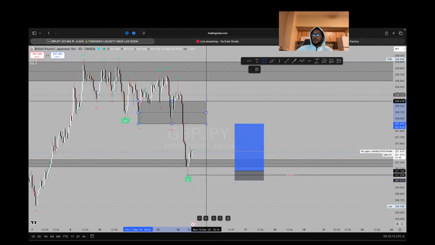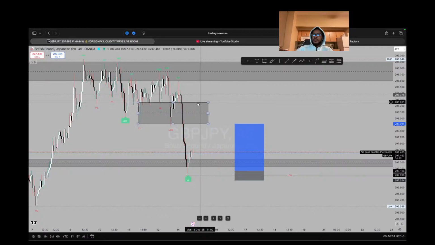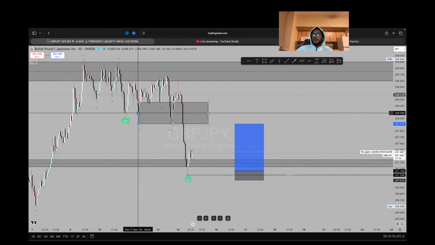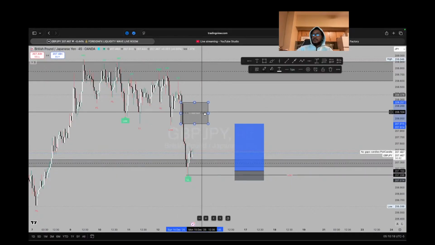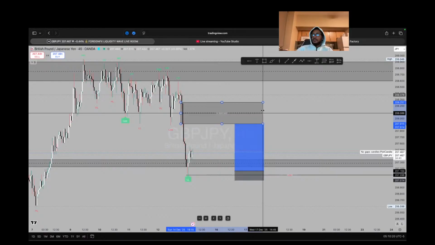Honestly, exit could be anywhere right there. Just see, we have this fair value gap.